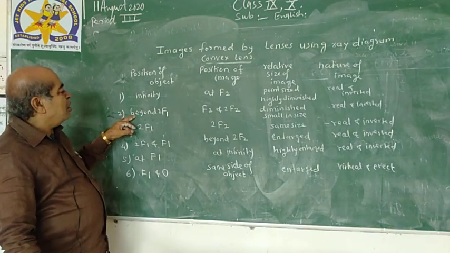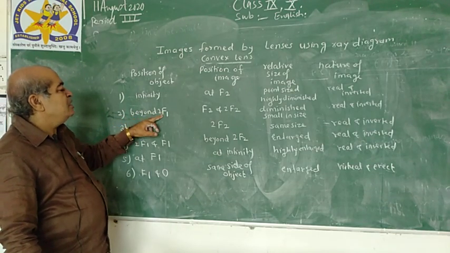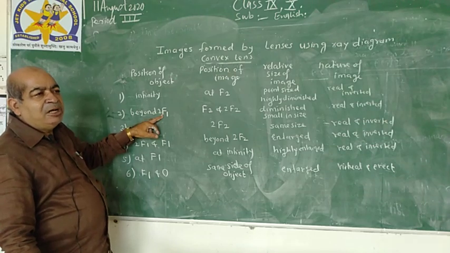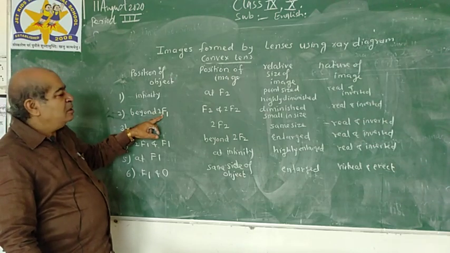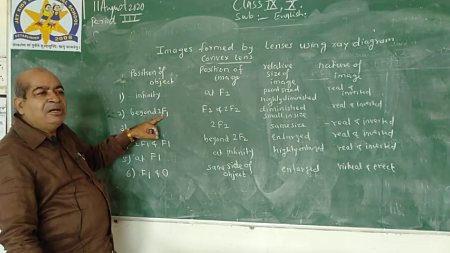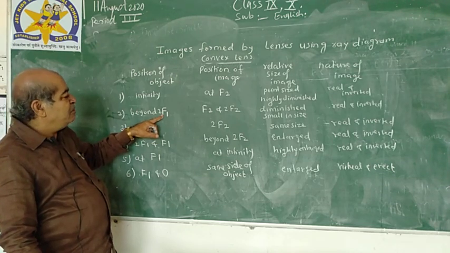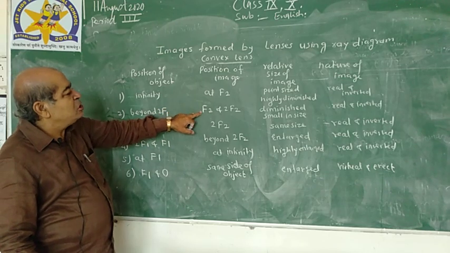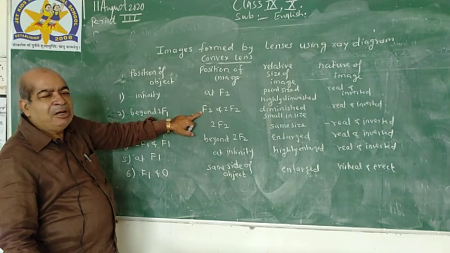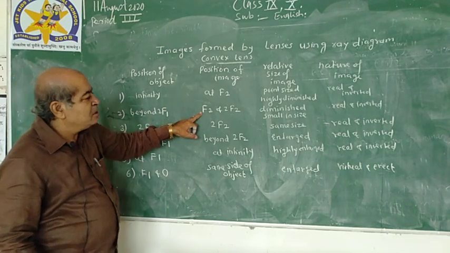Second, when the object is beyond twice f1, between infinity and twice f1, or between infinity and the center of curvature c1, then the position of the image is in between f2 and twice f2.